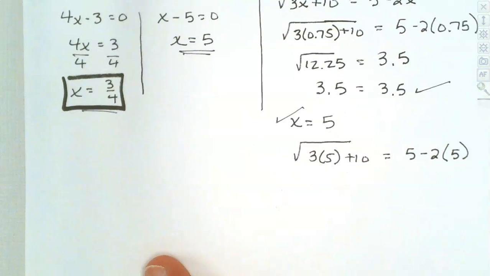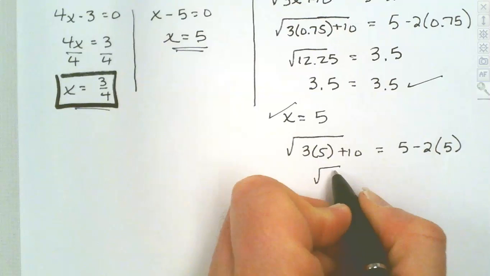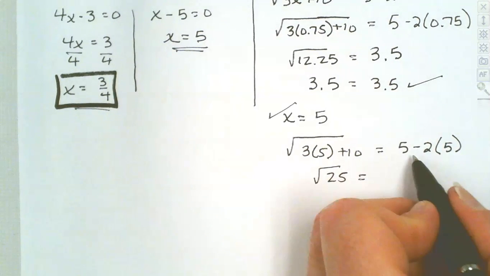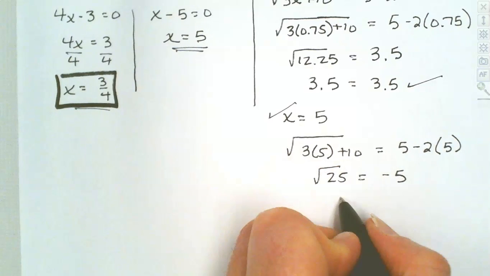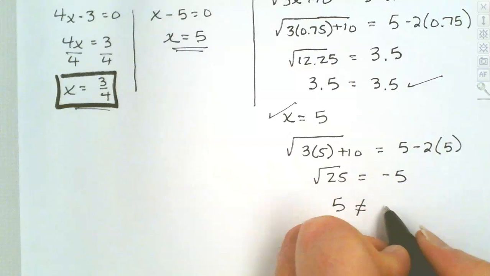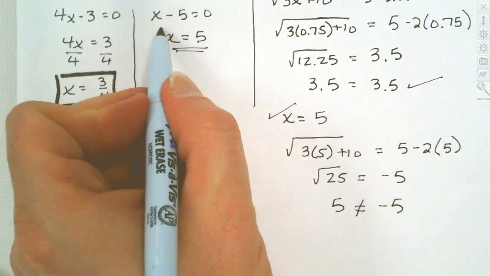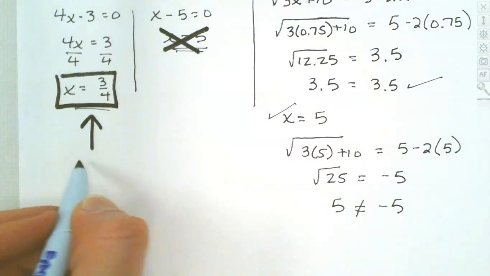And this one is not going to work, because 3 times 5 is 15, add 10 more, makes it the square root of 25. On the right-hand side, 5 minus 10 makes it a minus 5, and 5 does not equal a negative 5. So 5 is not going to work. So what's our only solution?